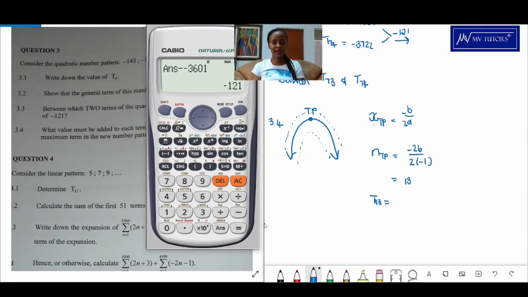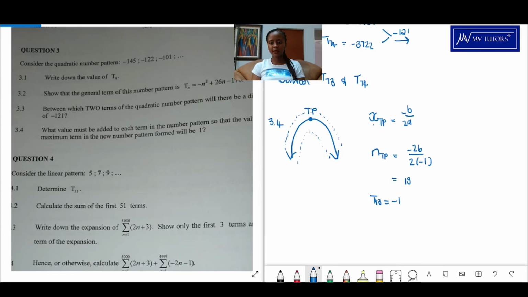See why it's important not to delete things, or rather, press AC instead of on, or else you're going to have to start from scratch. So if I plug in 13 there, my answer is negative 1. So basically my turning point here is 13 and negative 1.